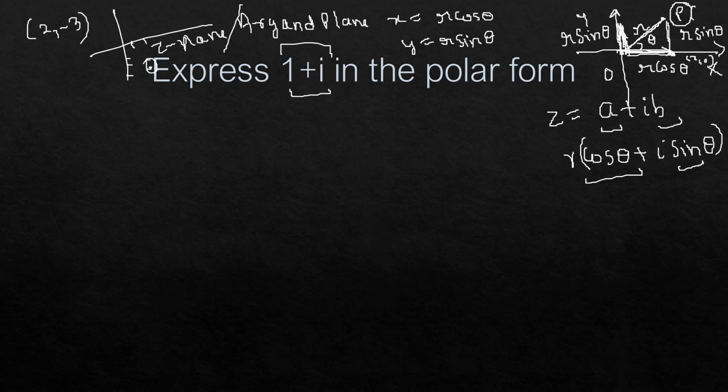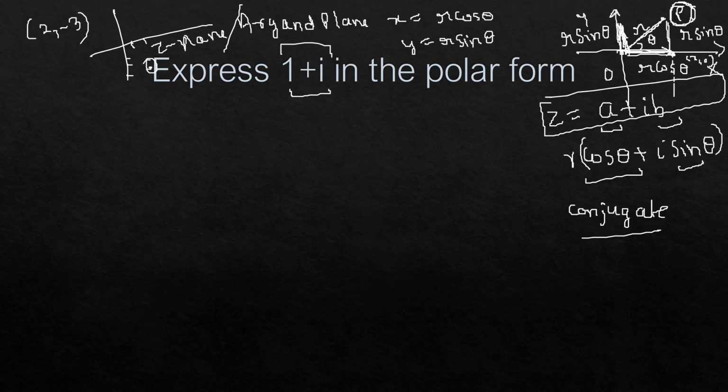Now if someone asks you, you have a plus iota b as standard form, tell us about the conjugate of z. When we say conjugate, that means you have P here, you have to make the image here. So for this point, let's say P dash, what would be the y-axis?